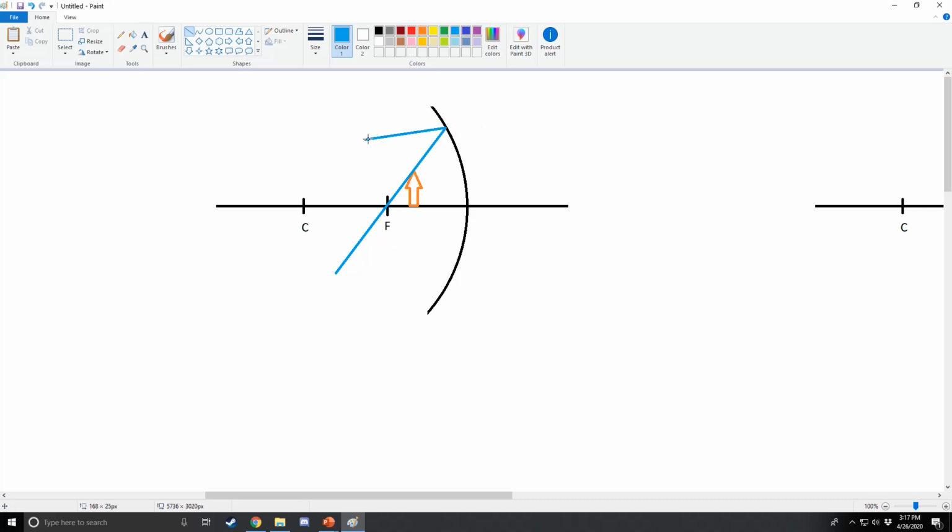And then this line is going to go parallel, like that. I'm going to skip the next one, but I also know that I'm going to have a center of curvature line that goes like this.